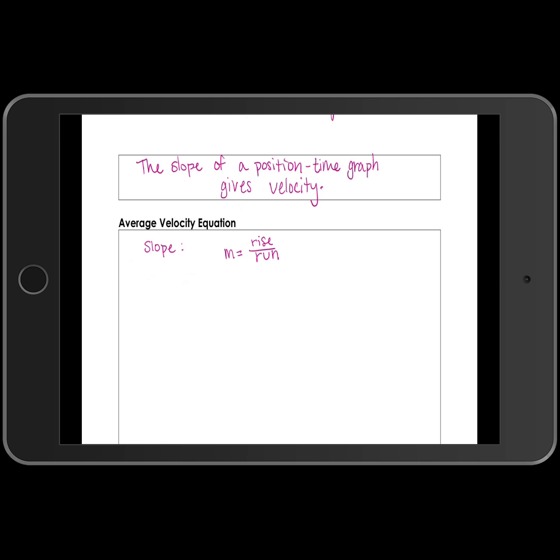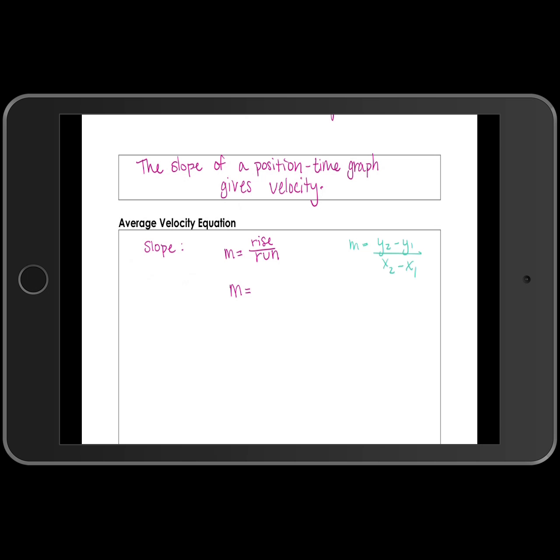In math class, you might remember that we use y2 minus y1 over x2 minus x1. We're going to use similar math here, but we're going to put in the units that we use here in physics.